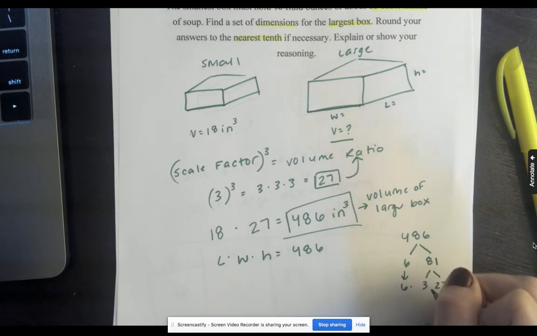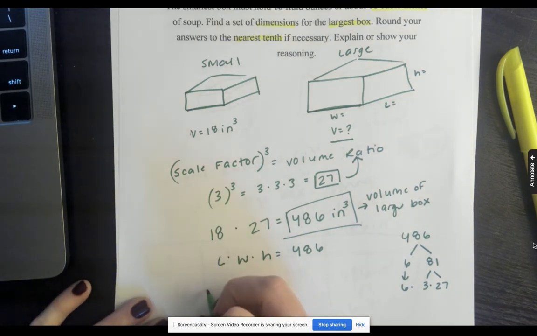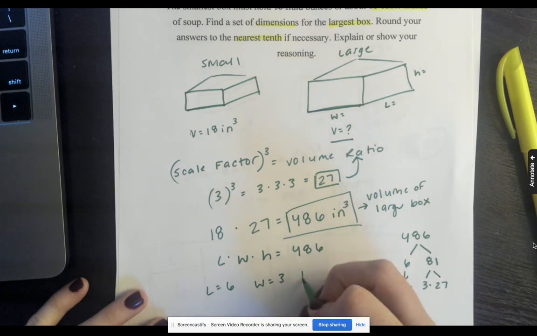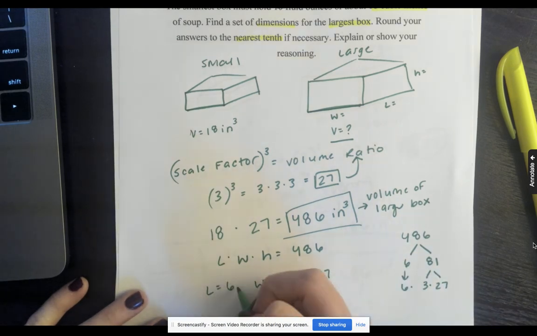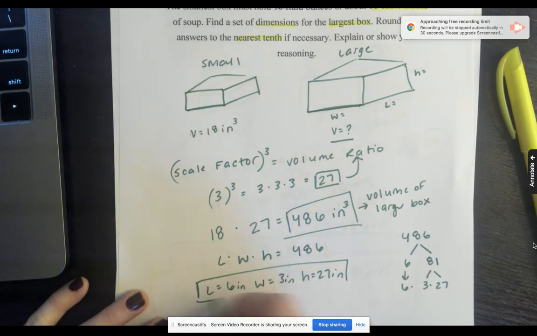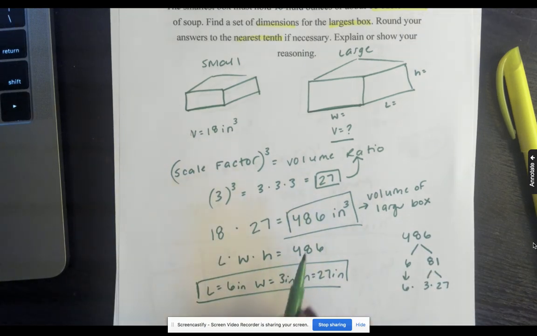So this means that 6 times 3 times 27, that is a possible set of dimensions. Okay, and guys, there are a lot of right answers. That's just one, but the key thing is that all of those have to multiply to give you 486. Okay.